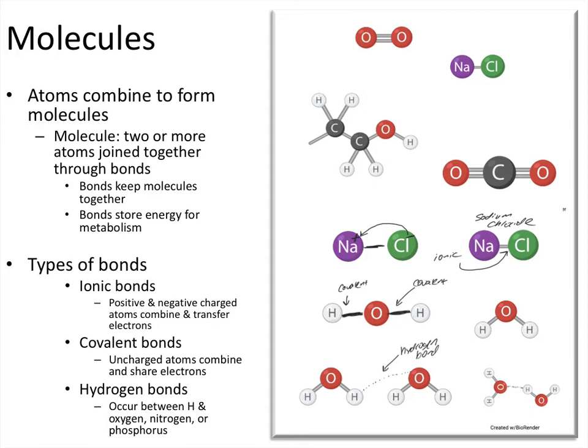Van der Waals interactions are when you have molecules that are kind of pushing each other away or pulling each other close. It's almost like if you take the North Pole on two individual magnets and put it together and you kind of get that push-pull situation. That's essentially what a van der Waals interaction behaves like. But our three main bonds in biology are ionic bonds, covalent bonds, and hydrogen bonds.